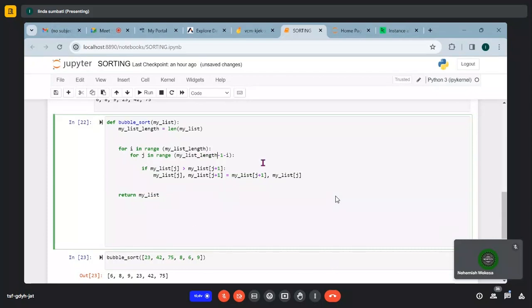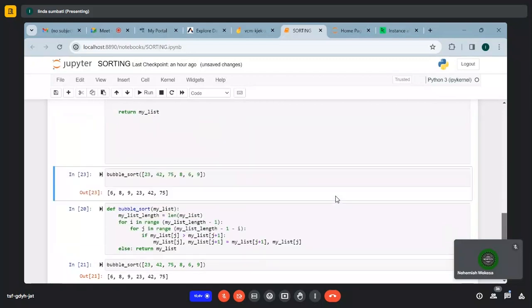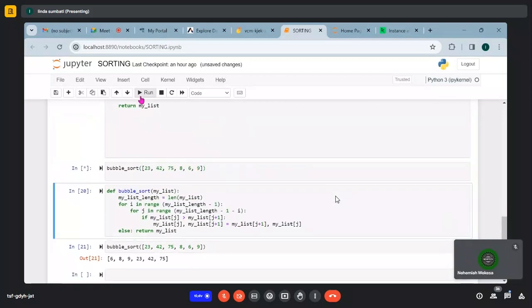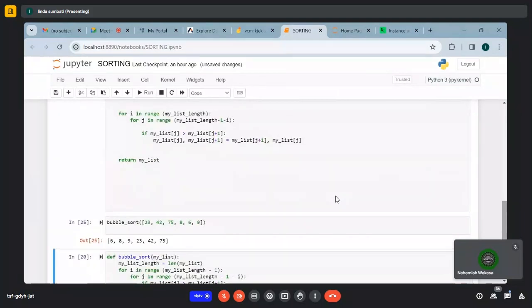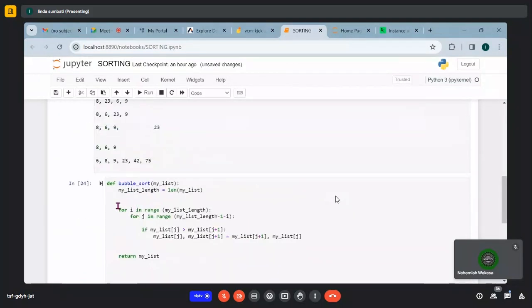Does it look okay before I run it? My list length, there's no spelling errors. So let's see. Yeah, it works the same, because you already said it is my list length, you've already told it it's the length of my list. So whichever values, it's the same as this one, no matter what.